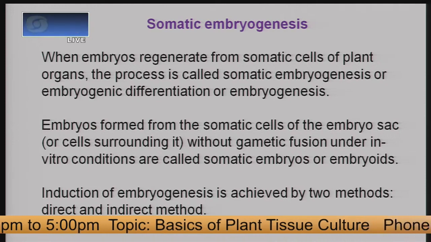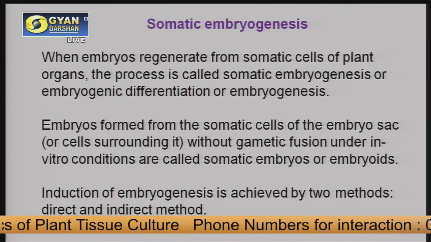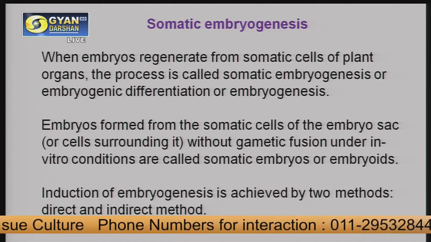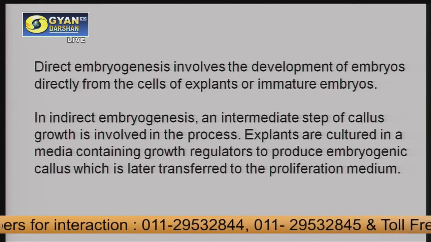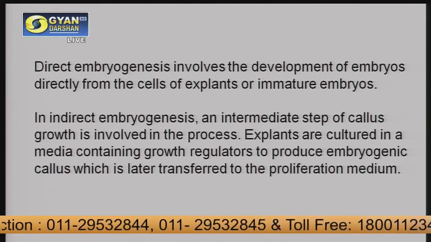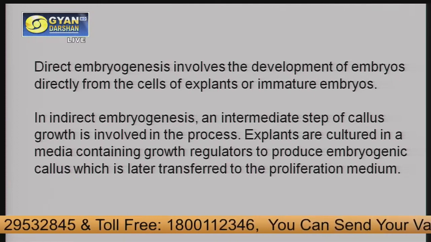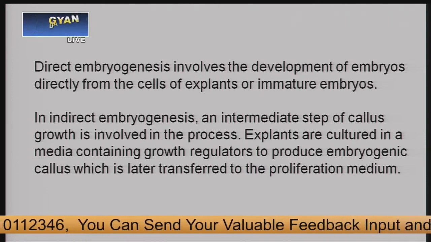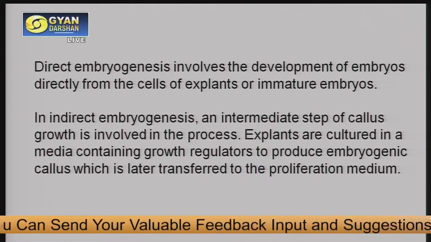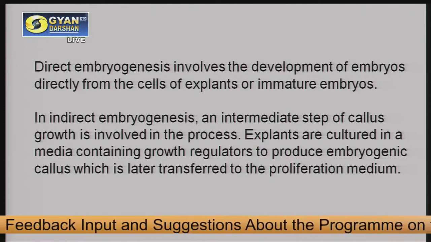Now why do you need to induce somatic embryogenesis? This somatic embryogenesis can also be either indirect or direct. Direct means they develop directly into the entire plantlet, and indirect embryogenesis is when you again induce callus formation, and then you try to develop the plantlet out of it.